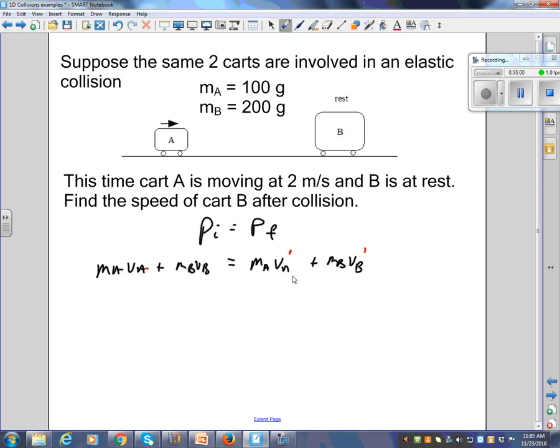It's more visually different than this. So you would read this as MAVA plus MBVB is equal to MAVA prime plus MBVB prime, where prime means after collision. How do you like that? If you want to go 1 and 2, you go ahead. If you want to go I and F, you go ahead. If you want to write out before and after, go ahead. I'm using prime.